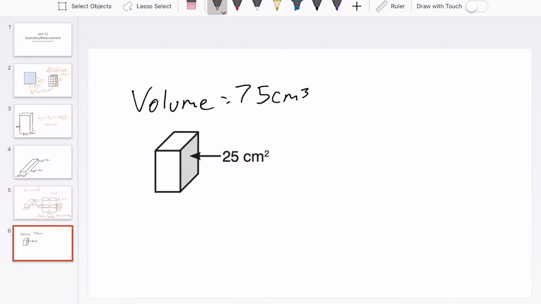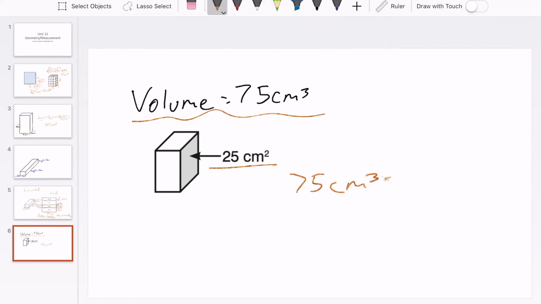Now how would you find, if we're looking at this one here, the volume of the whole thing? I know what the volume is, 75 centimeters cubed. If I'm just given the area of one of the faces, how could I use that to find the missing measurement?